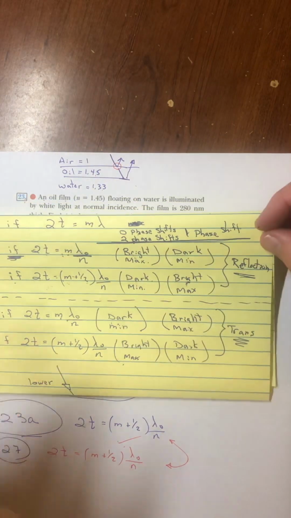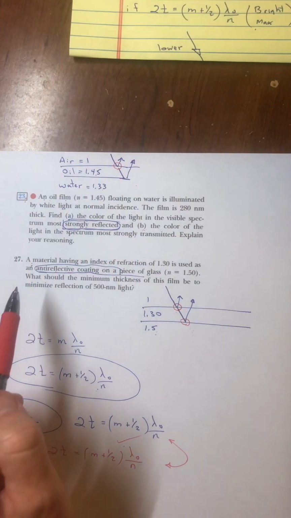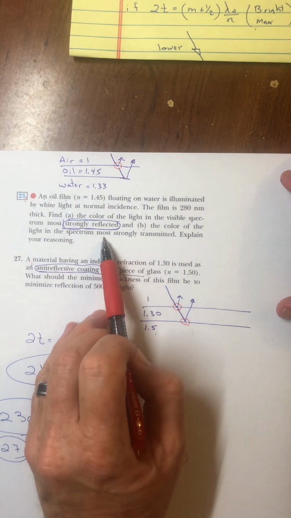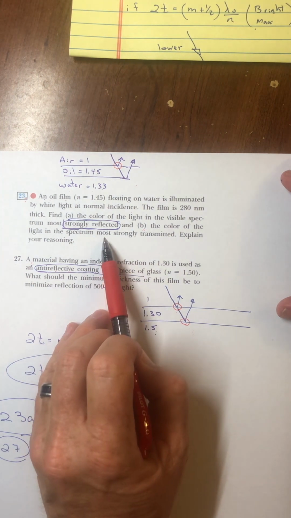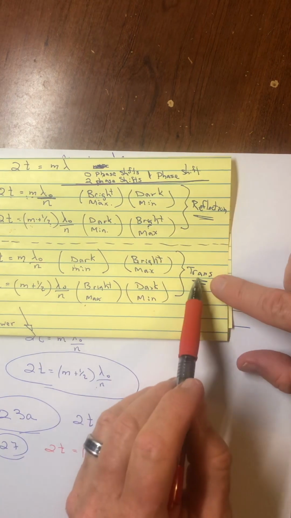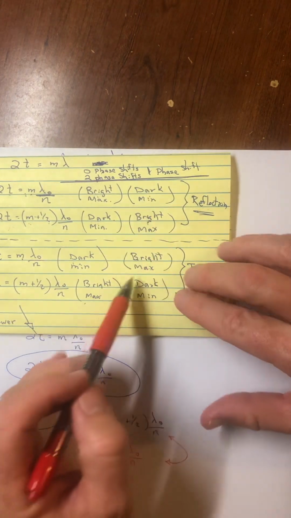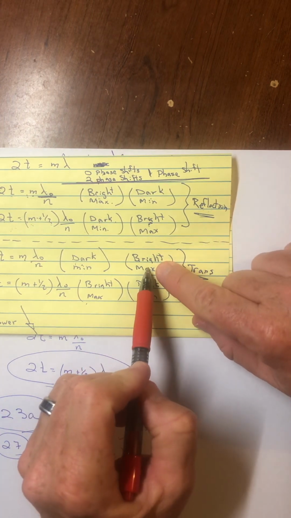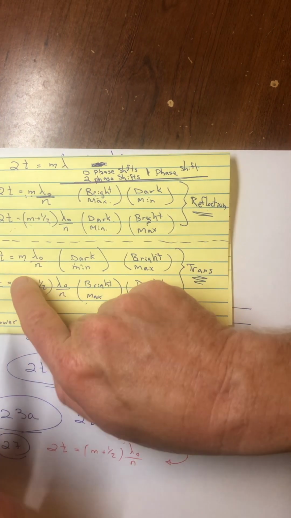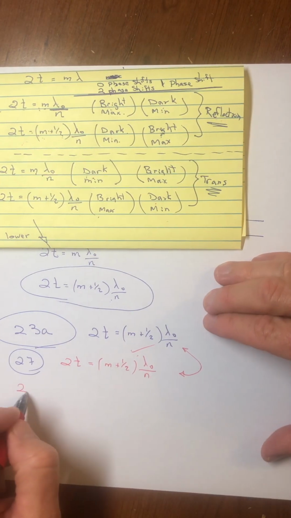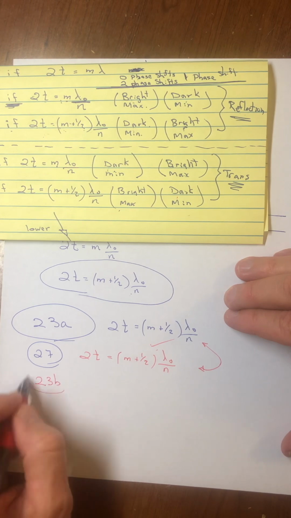So coming back to here, I'm going to be in this column, okay? It says, the color of the light of the spectrum most strongly transmitted. Okay, so I would jump down to here because I'm looking at transmitted. 1 phase change here. And strongly means bright, and so I would be looking at this equation for 23B.